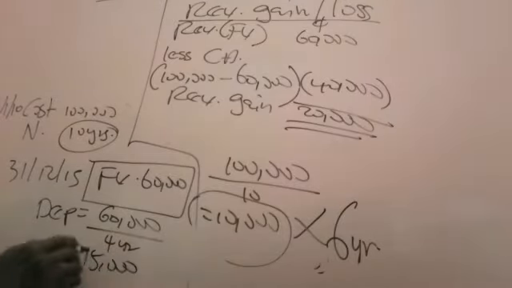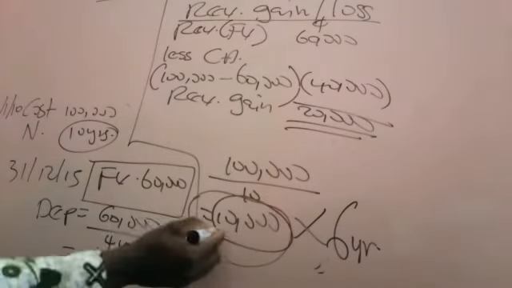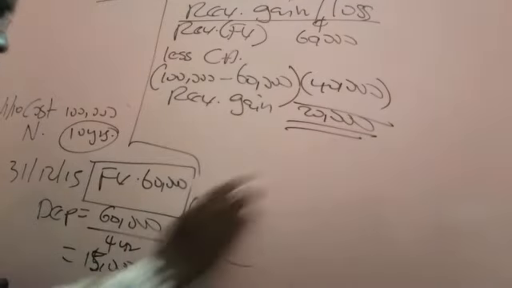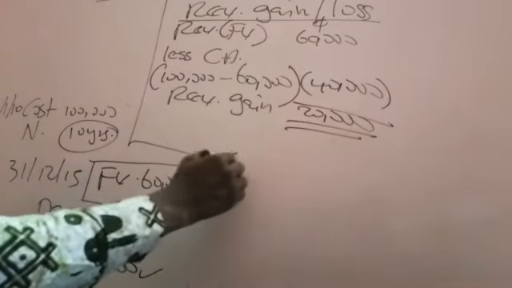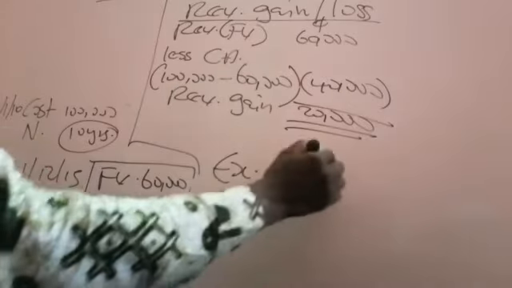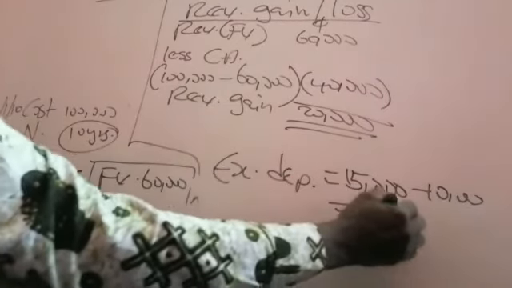So every year, 15,000. So the excess depreciation will be the 15,000, which is the new depreciation charge after the valuation, less the old depreciation of 10,000. That will give us 5,000.